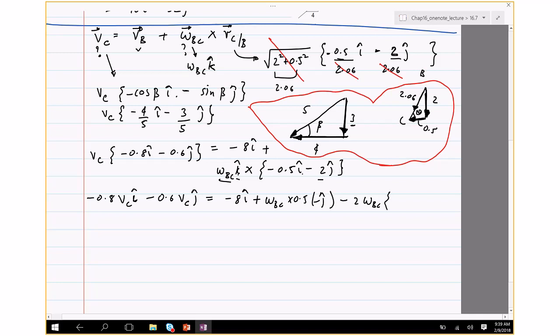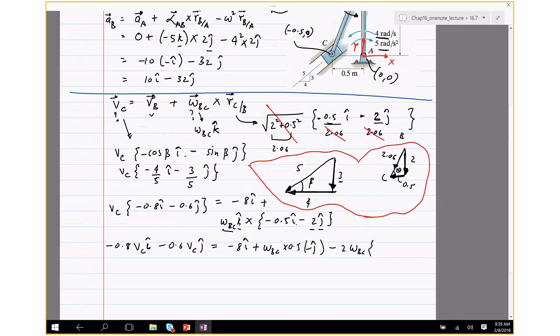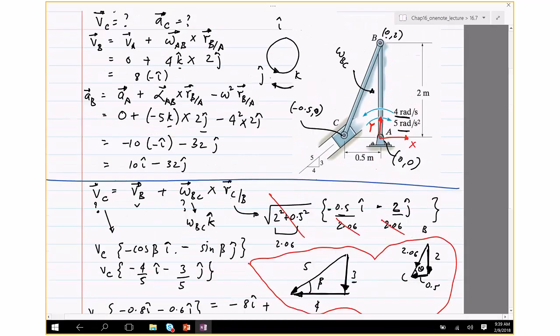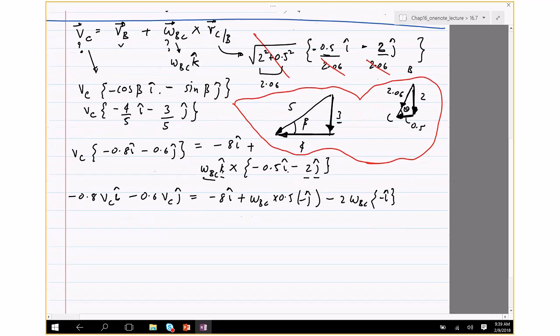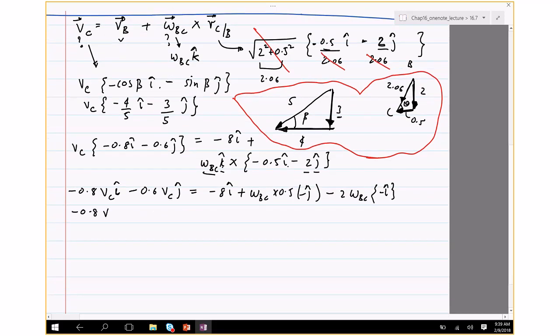I'll have K times J. K times J is going to be, when I go from K to J, negative I, right? K to J. So negative I. Plus 2 omega BC I minus 0.5 omega BC J.